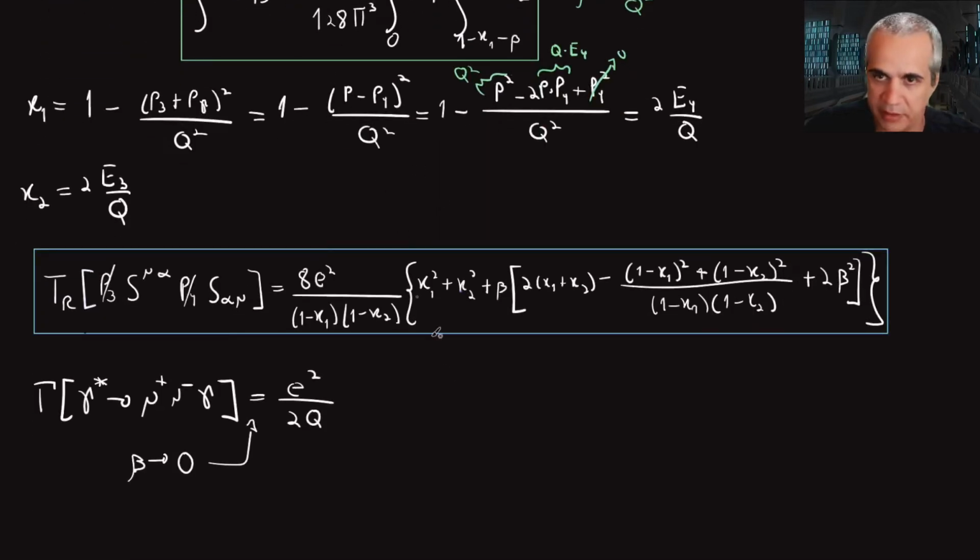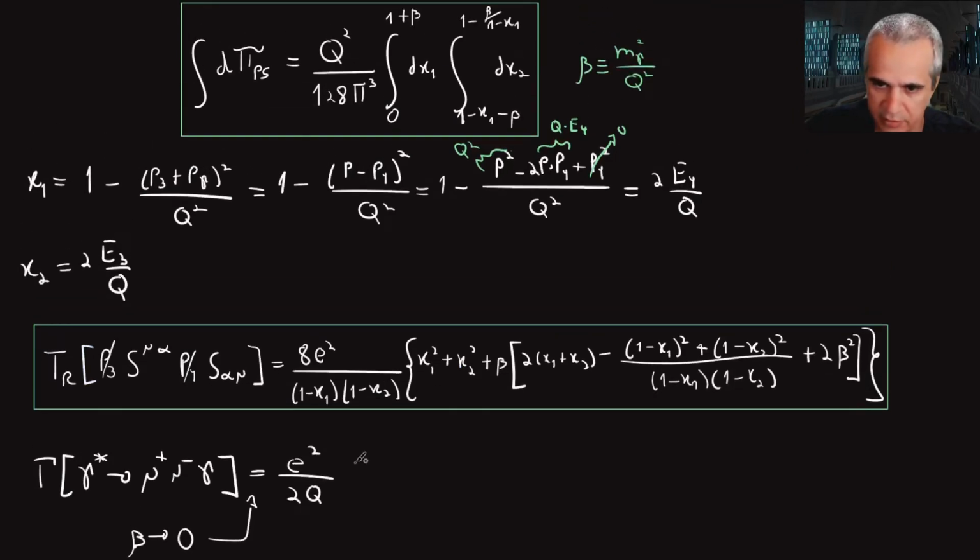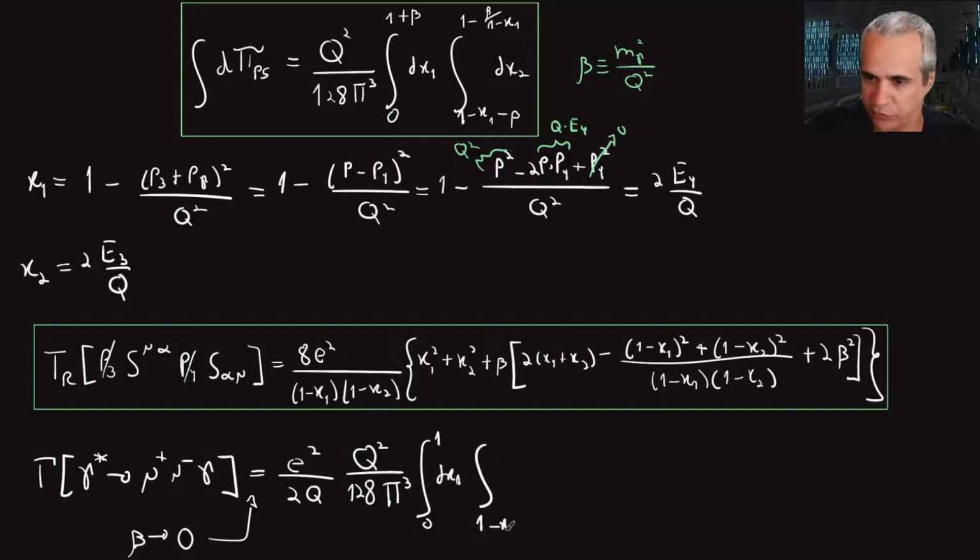The phase space is still up there, I can still see it, is Q square over 128 pi cubed, the integrals 0 to 1 dx1, 1 minus x1 minus beta, but I'm taking beta to 0. Same up here, dx2 of this expression when I take beta to 0.